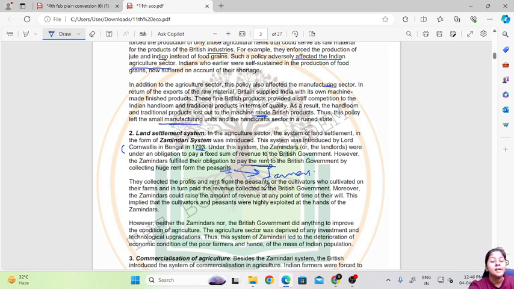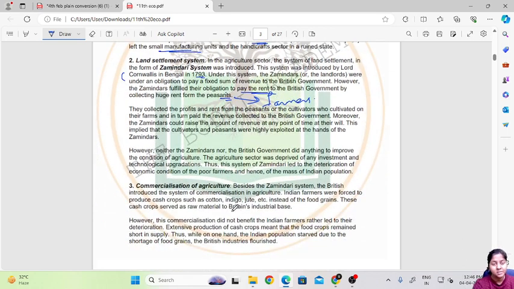The zamindars collected the profits and rent from the peasants or the cultivators who cultivated their farms. The laborers who were working on their farms had to pay a huge amount of rent and profits to the zamindars.